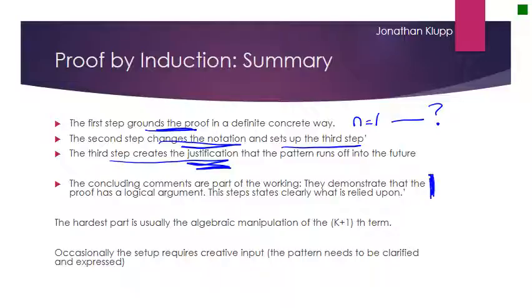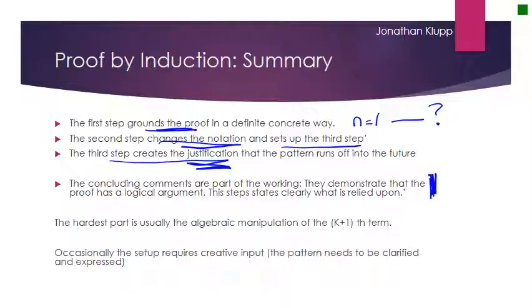By the axiom of mathematical induction, we have shown it to be true for n equals 1, and also shown it to be true for n equals k plus 1, assuming it's true for n equals k. Then we can bring those comments together and claim victory.